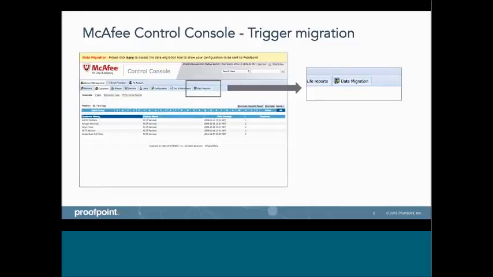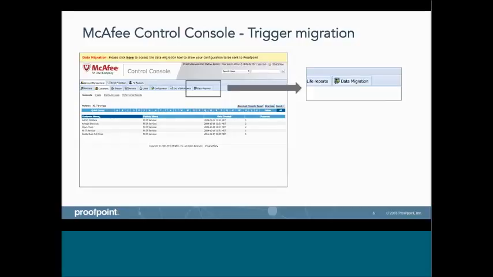Okay, so let's take you through this, and I'll show you the differences where they apply. Here is the control console, and here is the new tab that was added several months ago, and the banner, of course, highlighting that tab as well.